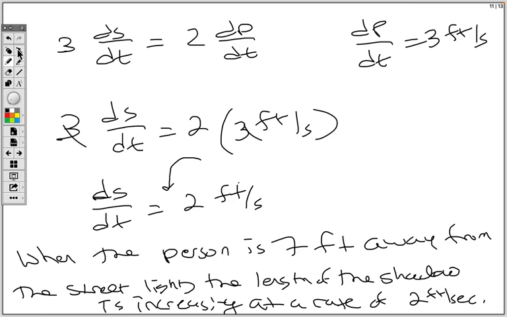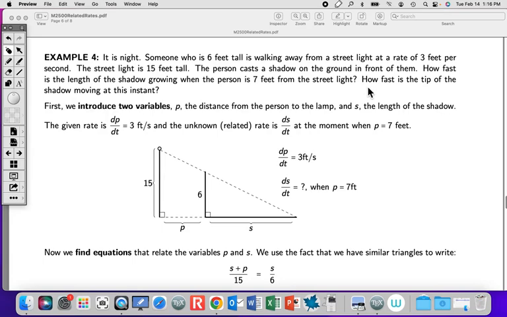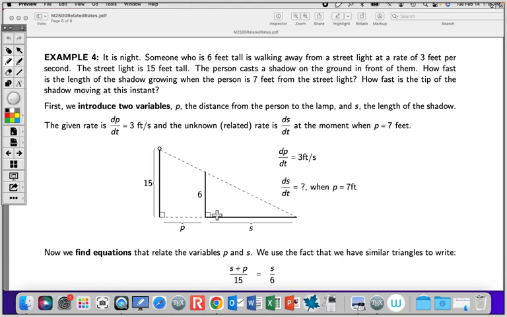Now they ask us another question as well. How fast is the tip of the shadow moving at this instant? So you have to think of these rates here. The person itself is moving at 3 feet per second. The length that the shadow is increasing is 2 feet per second.